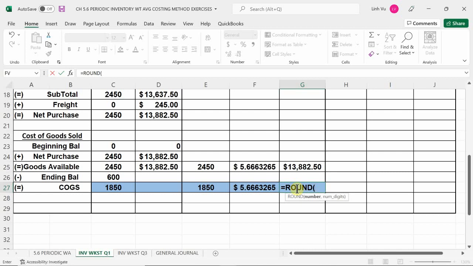It will carry out any calculations you want, and you can tell how many decimal points you want it to round to. So for instance, I want to know what the result is if I multiply my quantity of 1850 by my 5.6666632265.